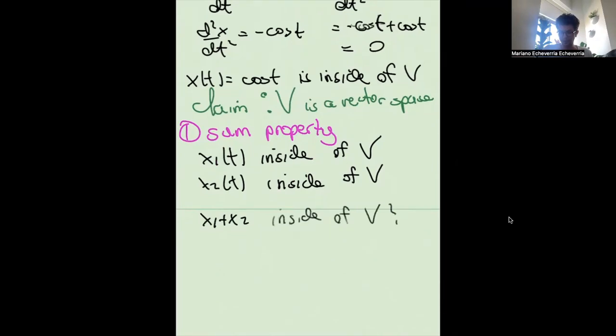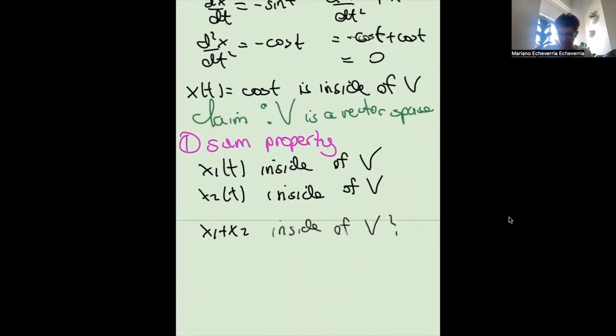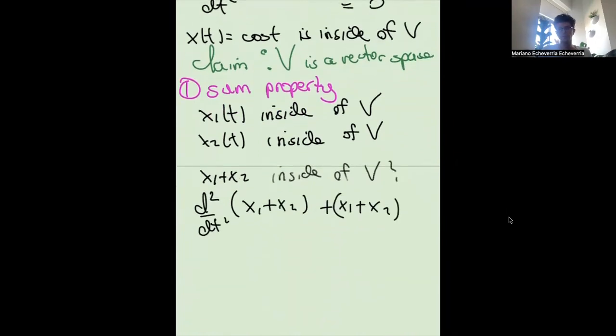Again, what that means is that you have to check if it satisfies Hooke's law. So what is the second derivative with respect to time of x1 plus x2, plus x1 plus x2? Well, the derivative is linear. If you have seen this before, the derivative of a sum is the sum of the derivatives.